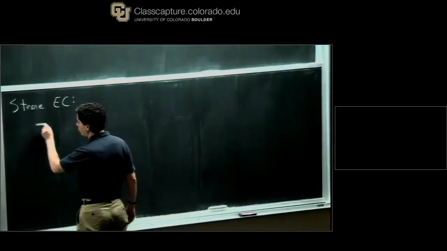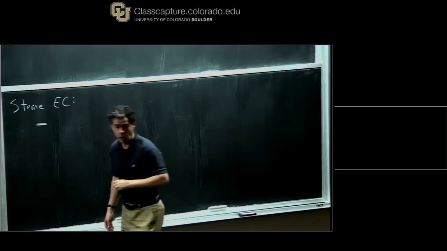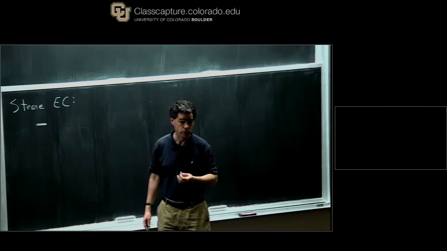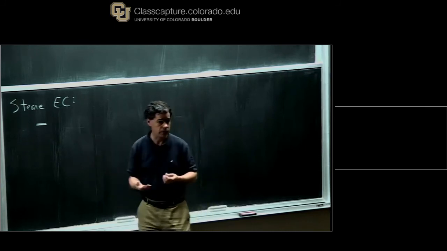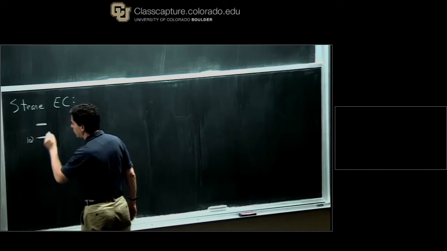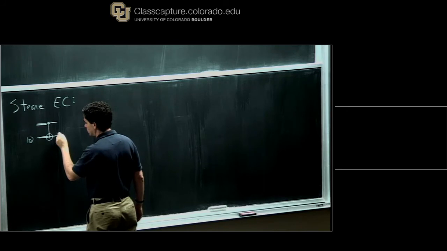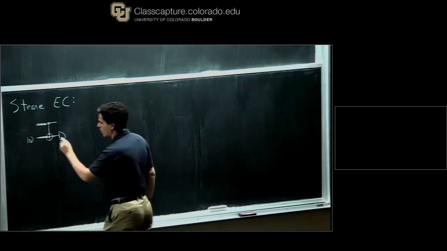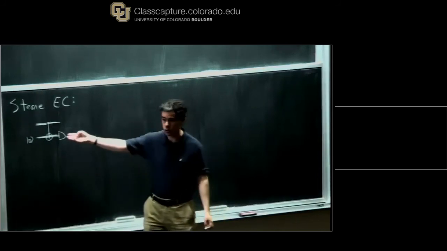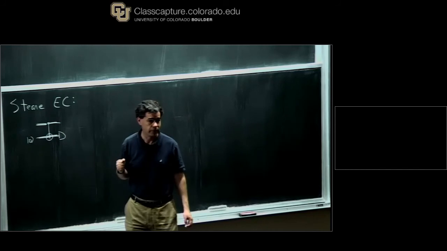So suppose we have a code block here, and we want to do a non-destructive measurement on it. What would we do? Well, if it was an unencoded qubit, we could take an ancilla qubit in the state 0 and do a C0 gate, and then measure the ancilla. And of course, for an encoded qubit, we can do the same thing, because we could do all of this with fault-tolerant gadgets.